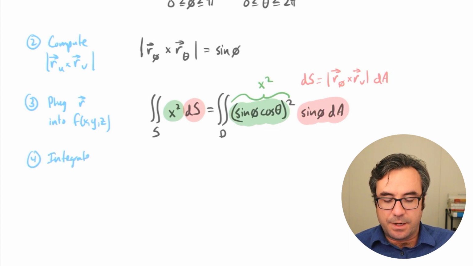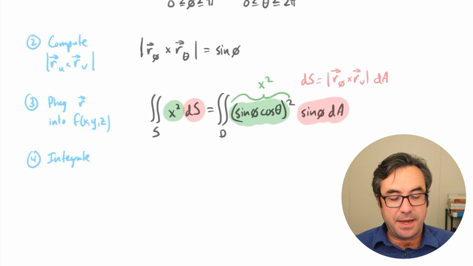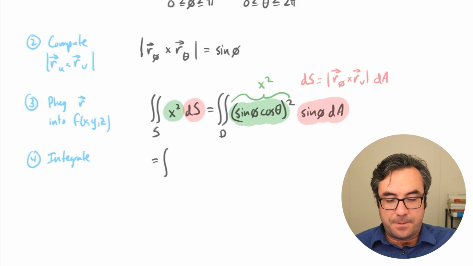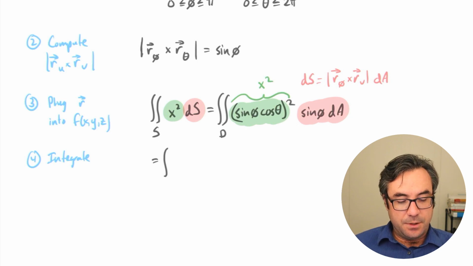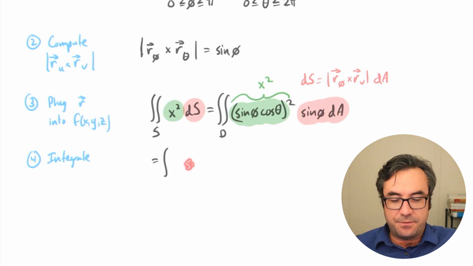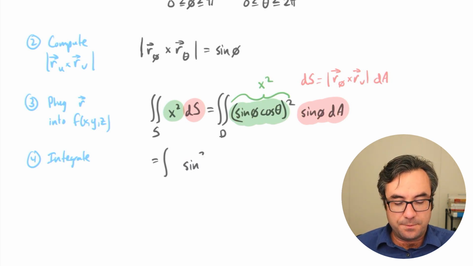So we work on the integration here. We set this up as an iterated integral. Let's square this out and then consolidate all the phi terms. We're going to end up with sine of phi cubed and cosine of theta squared.